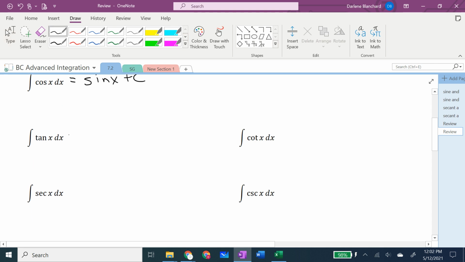What is the integral of tangent? There are 2 options. The textbook version that you might see is the natural log of secant. But if you have to go about finding this, you're going to come up with negative natural log of cosine.